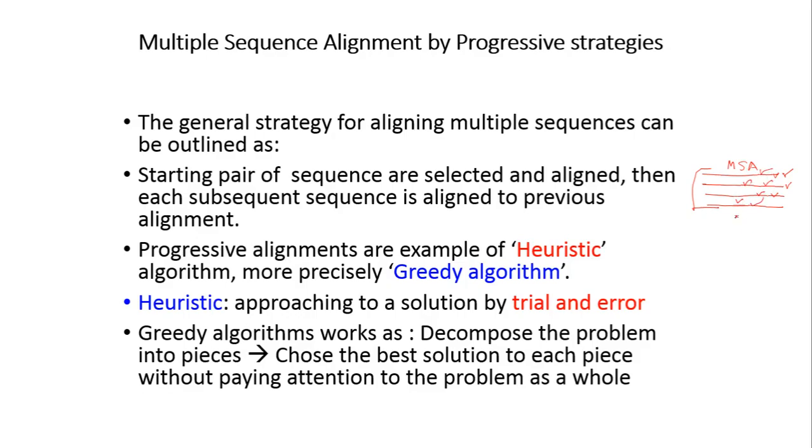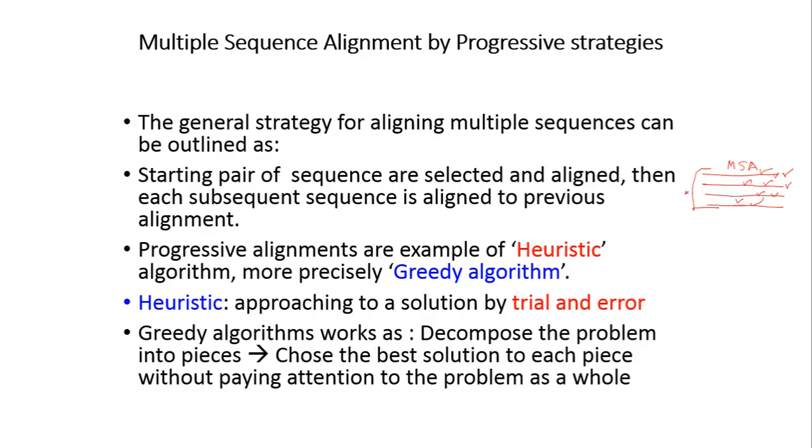You are trying to find a solution for a given problem by trial and error. We call such a methodology a heuristic approach of finding a solution, and multiple sequence alignment also does the same thing.